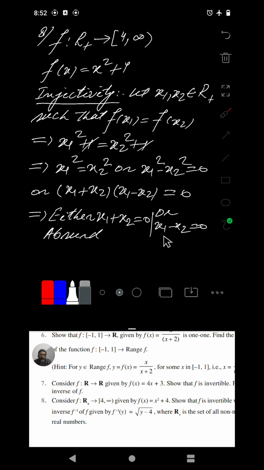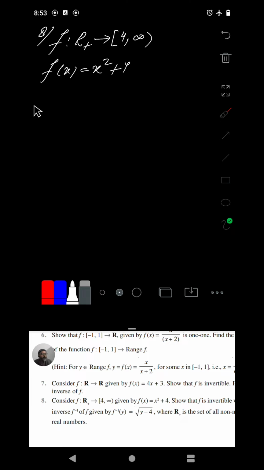And the second one, x1 minus x2 is equal to 0, is the only valid result. So from this we infer x1 is equal to x2, transposing x2 to right hand side. So finally, for the domain R positive, there is only one valid result, x1 is equal to x2, for the condition f(x1) is equal to f(x2). So f is a 1-1 function.